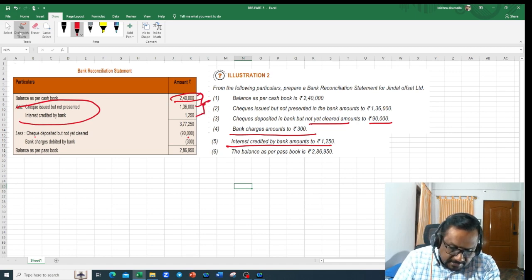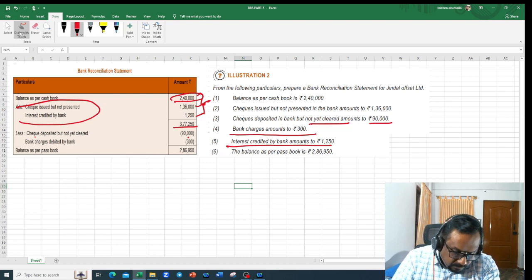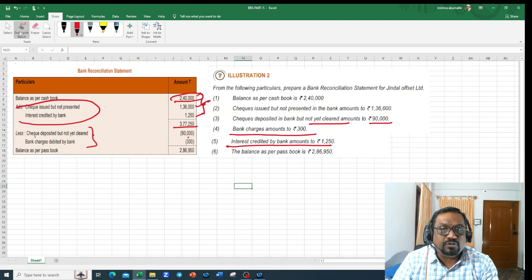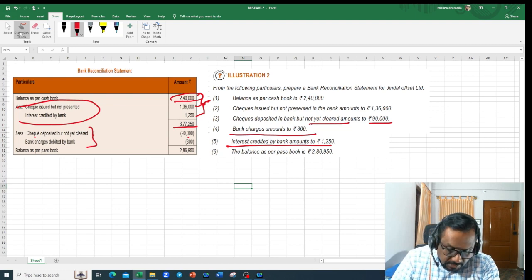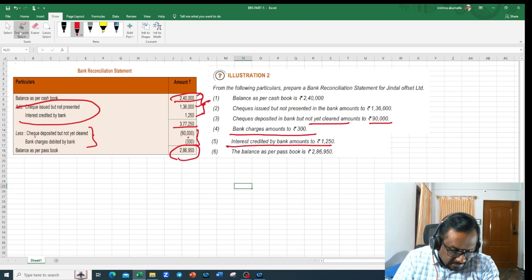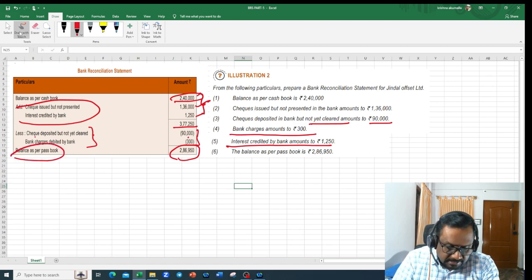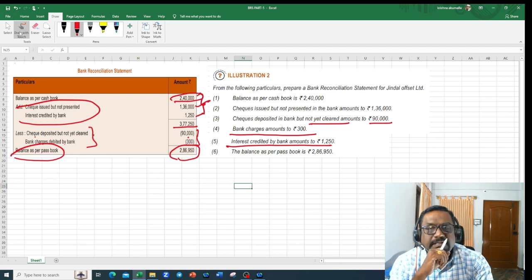So when we add these, the balance has come to 3,77,250. And we also arrived at the balances to be reduced: 90,300. So when we reduce, how much balance did we get? 2,86,950. That balance is nothing but your passbook balance. Simple. This is how you need to prepare the bank reconciliation statement.